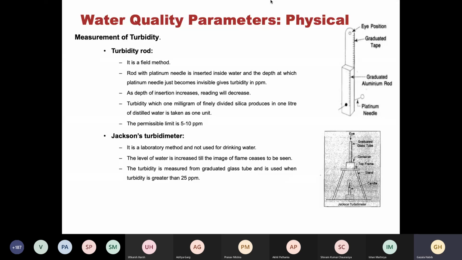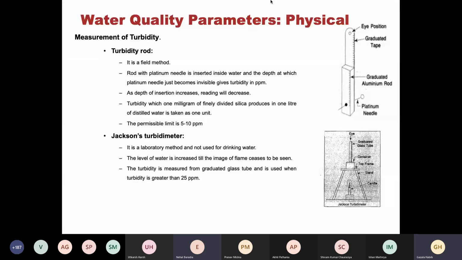Is that clear, what I told you just now? Ma'am, please explain this point again. As the depth of insertion increases, the reading will decrease.